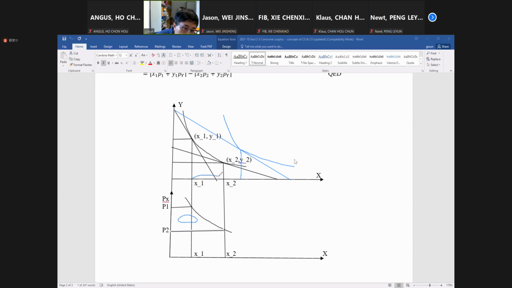So far we consider this part. Just recall what you learned in intermediate microeconomics. This is what we call the substitution effect, right? Therefore, Hicksian demand only considers the substitution effect. Let me redraw the curve.